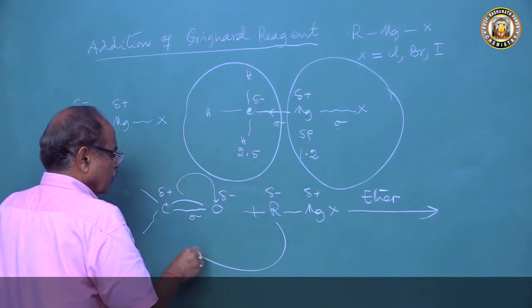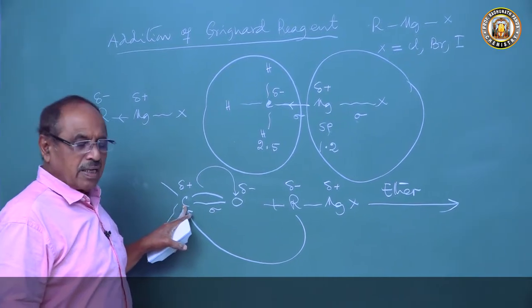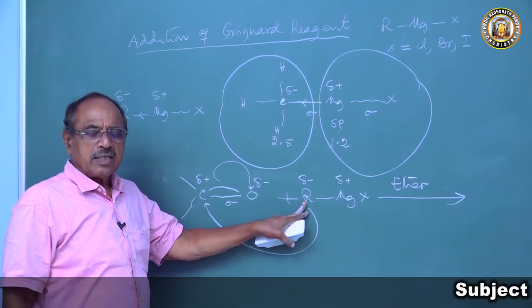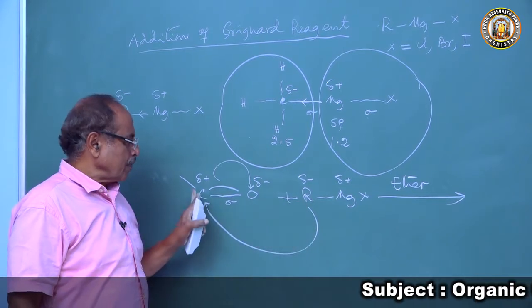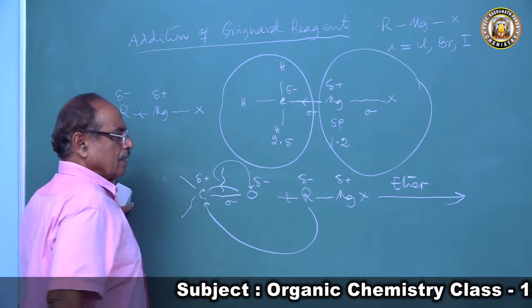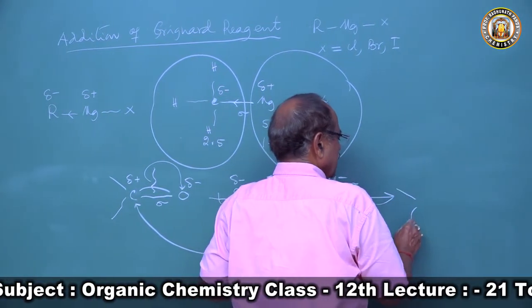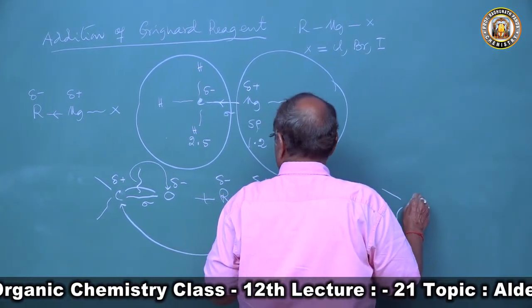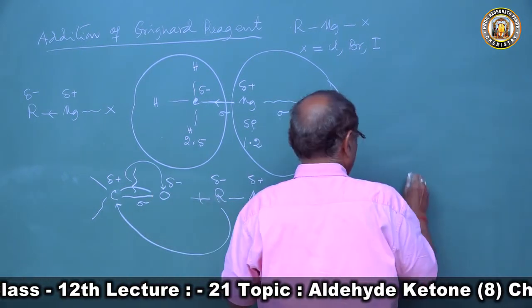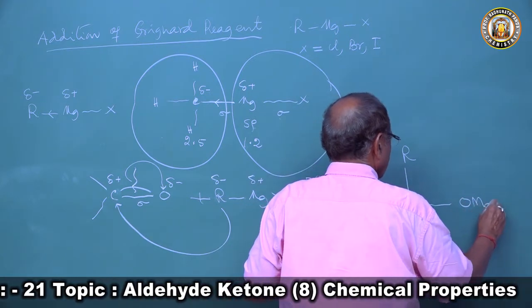The carbonyl carbon will attract the nucleophile. R minus is the nucleophile. So the nucleophilic part will first go to carbon, the pi bond will break, and we get a product like this: R is attached to carbon, and we get O MgX.